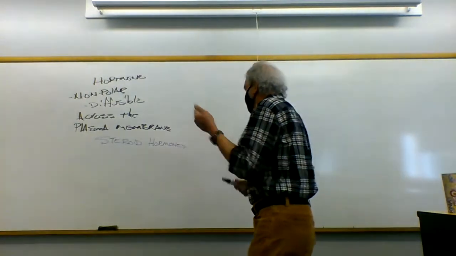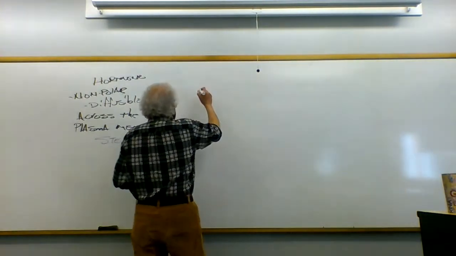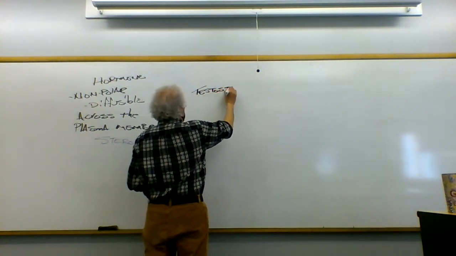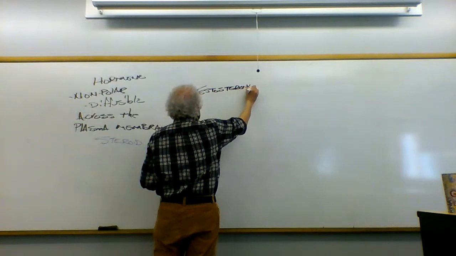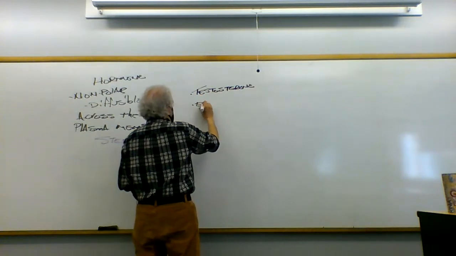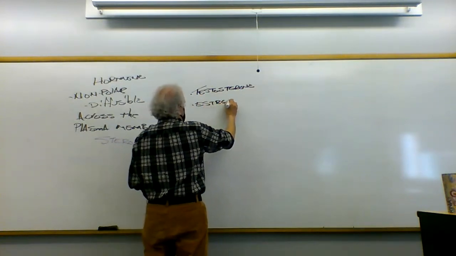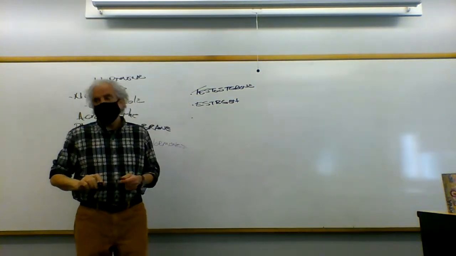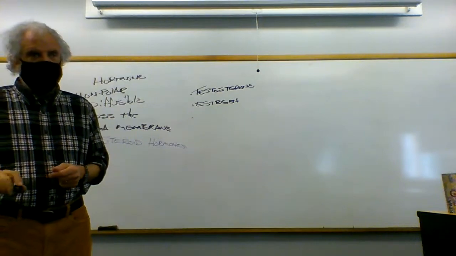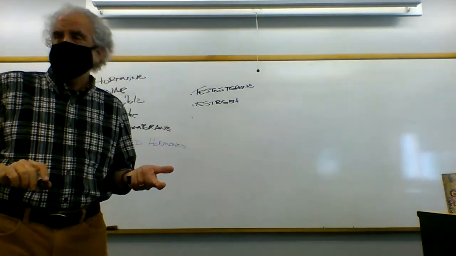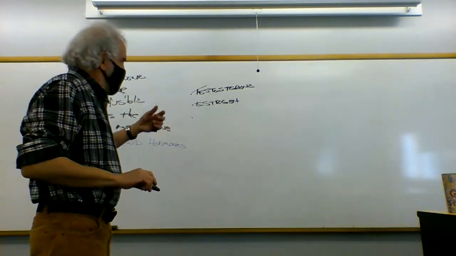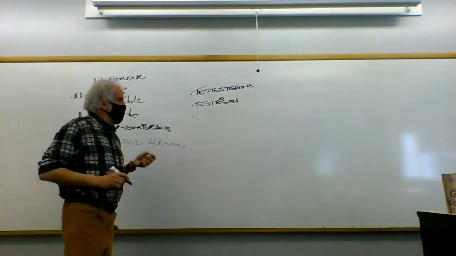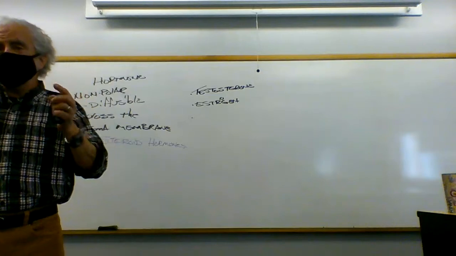So steroid hormones, things like testosterone, estrogen, a range of different kinds of stress hormones, cortisol, things like this, have the ability to diffuse across the plasma membrane.